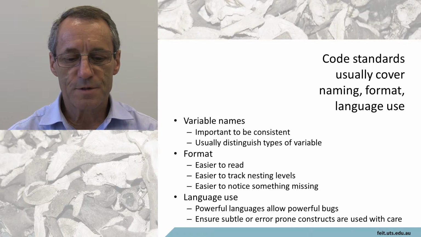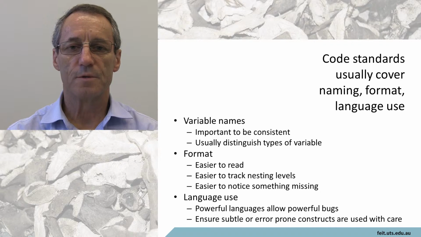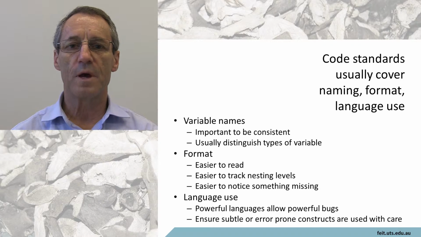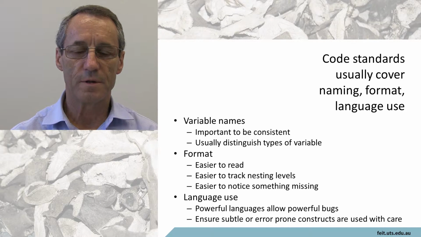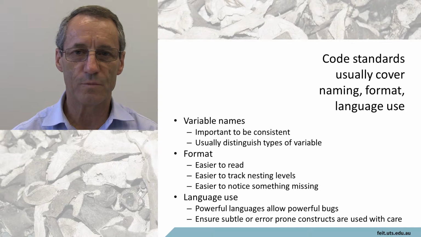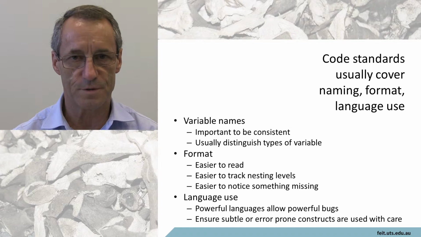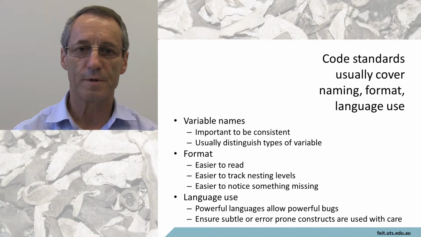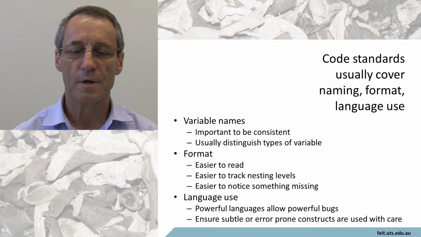However, the matters covered within the standards seem to break down into three groups. There are naming conventions, and usually the naming conventions are there so that when you look at the name of something, you know what it is. So a character variable will have something that indicates that it's a character variable, and an integer will indicate it's an integer.